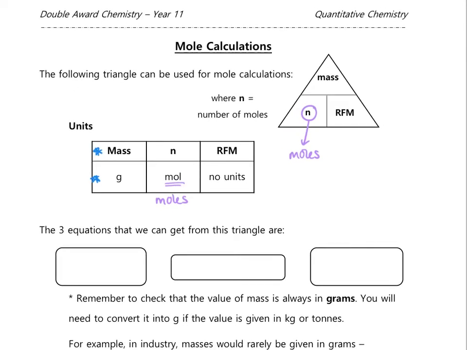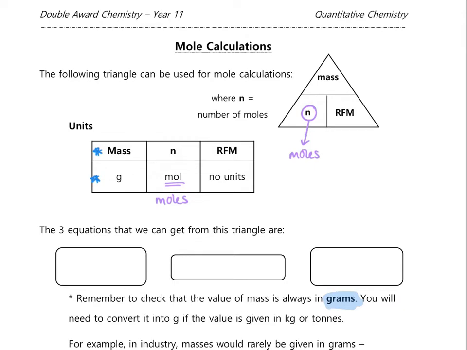So it says remember to check that the mass given to you is always in grams. If it's not in grams, you'll need to convert it, and we'll come back to that in a second. So that's really, really important. And then finally, RFM we know has no units. We've been working out RFM, like the RFM of water is 18, well it in itself has no units.